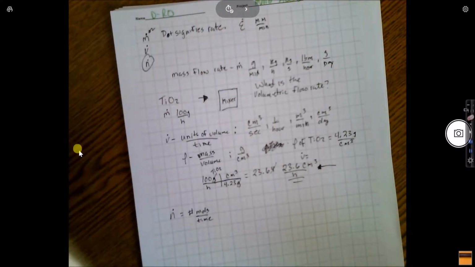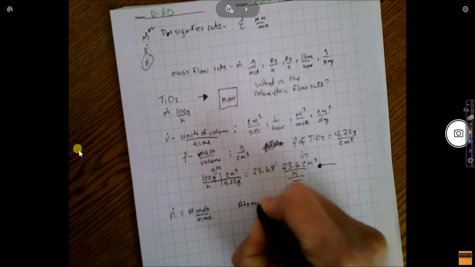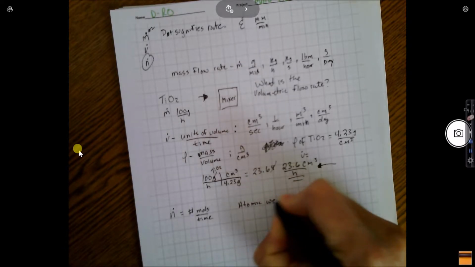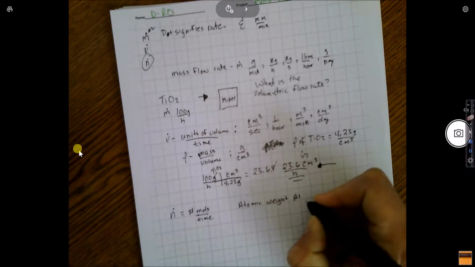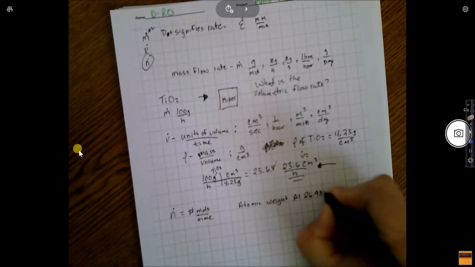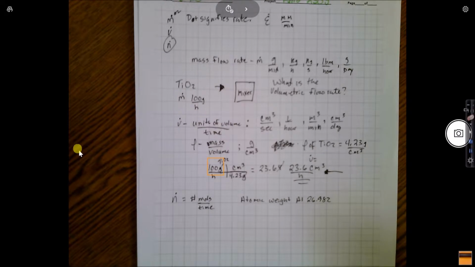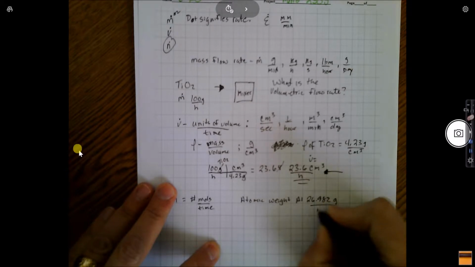So you can look it up on Google, or if you have your own periodic table, the atomic weight of aluminum is 26.982. Now, most of you, if not all of you, have taken chemistry at one time in your life, and you're probably told that this means 26.982 grams per mole.